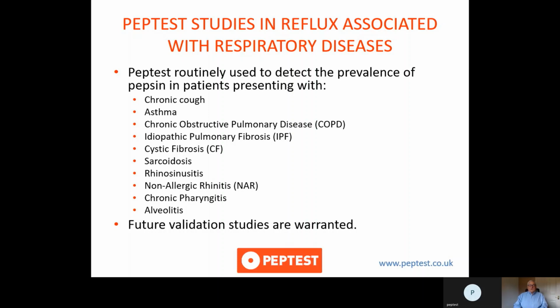We find the association to be anywhere between 60 to 80% of these patients having associated reflux disease. So it's very important that you consider testing respiratory patients for the presence of pepsin. You can then build reflux treatment into those, or if there's no pepsin present at all, you can dismiss reflux as a cause of these symptoms.